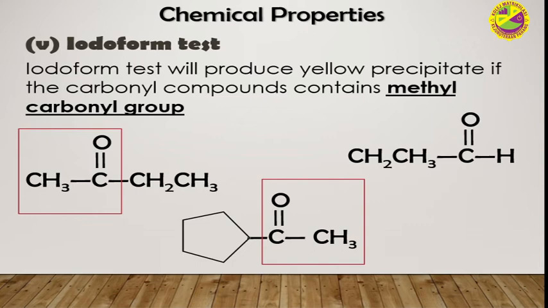Methyl carbonyl group is carbon that is double bonded to oxygen and single bonded to CH3. As you can see in the following structures, the structure on the left has methyl carbonyl group as well as the structure in the middle, but the structure on the right does not have methyl carbonyl group.